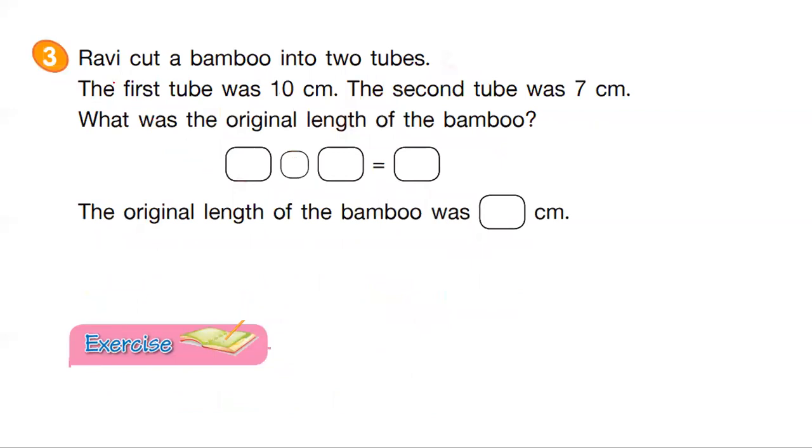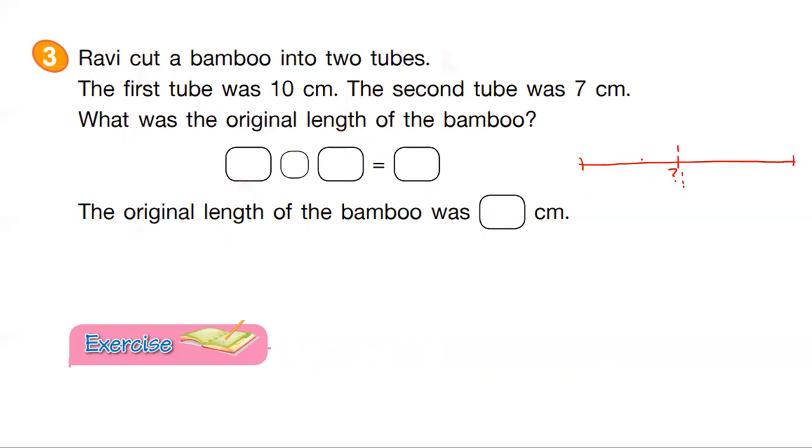Practice number 3. Ravi cut a bamboo into 2 tubes. The first tube was 10 centimeters. The second tube was 7 centimeters. What was the original length of the bamboo? It's like there was a bamboo like this, but we don't know how long it is. Now, it was cut into 2 tubes like this.